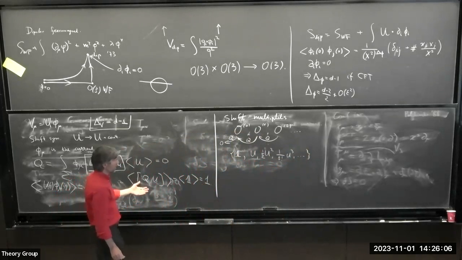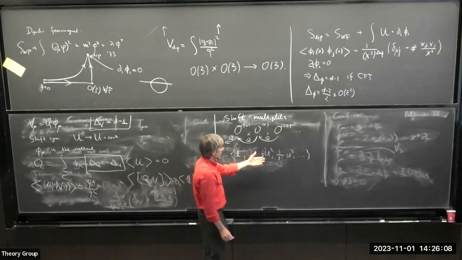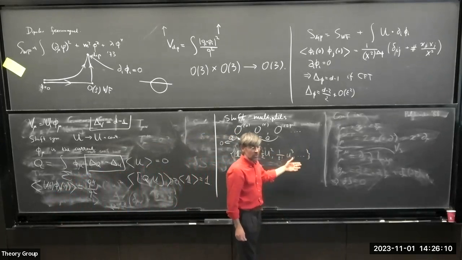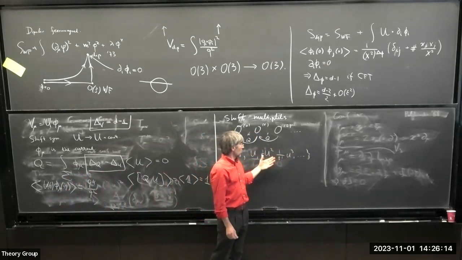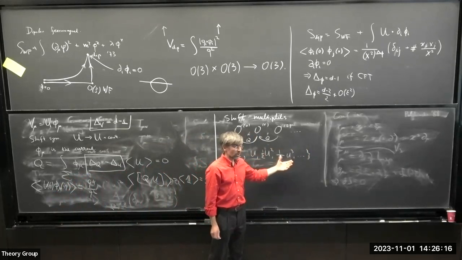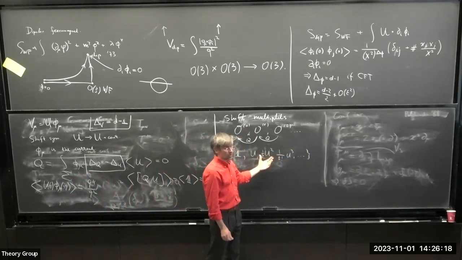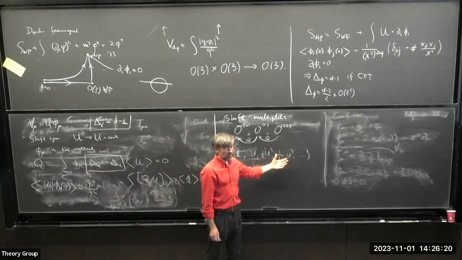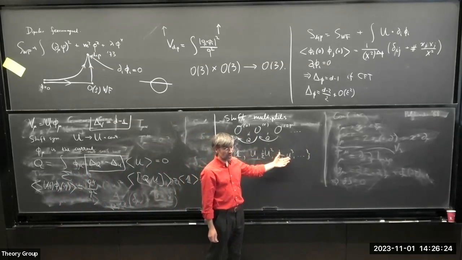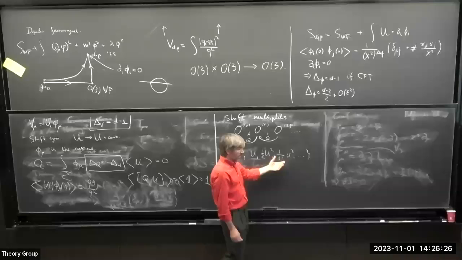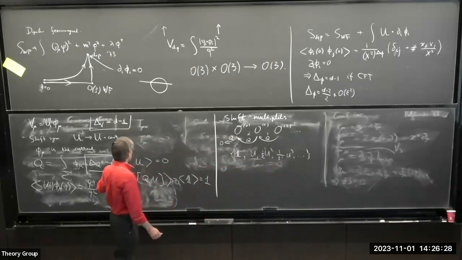Now the claim is that if you turn on interactions, then all these operators are going to get renormalized. As usual, there's going to be some operator mixing. Once the dust settles, you are going to get a renormalized shift multiplet, which is going to be quantized in units of the renormalized value of delta U.